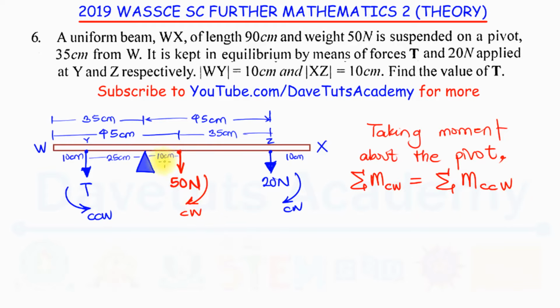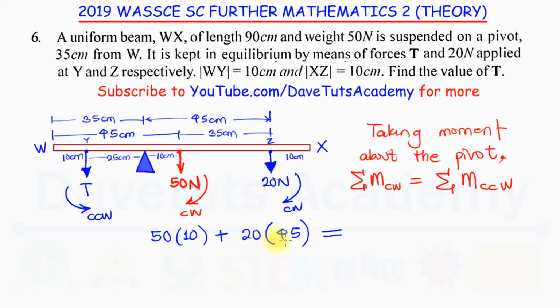So 50 multiplied by the distance from the midpoint of the uniform beam to the pivot, that will be 50 multiplied by 10 centimeters. This is the first clockwise, plus the second clockwise, that will be 20 multiplied by the distance from this 20 Newton force to the pivot, which we have gotten to be 45 centimeters.